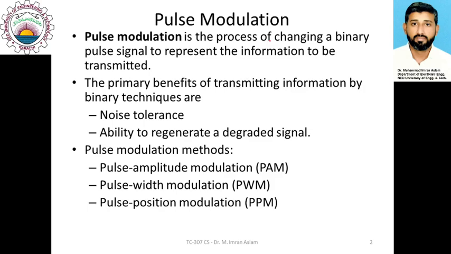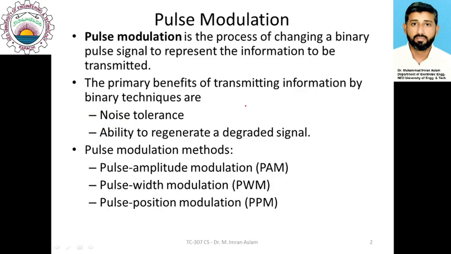The primary benefit of transmitting the information by these pulses is that we get noise tolerance in the signal, because these are represented by a discrete number of pulse levels. Secondly, we also get the ability to regenerate the pulses whenever the signal is degraded. So we can use regenerative repeaters to regenerate the information when required.